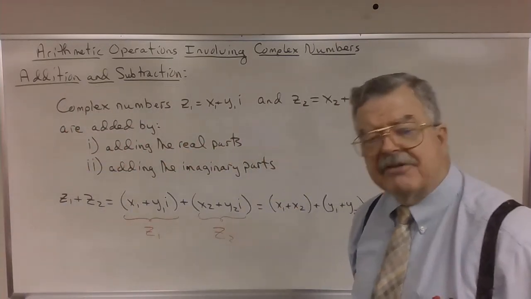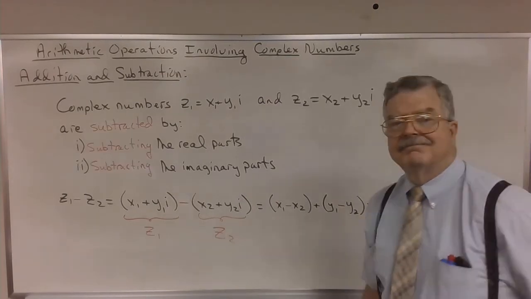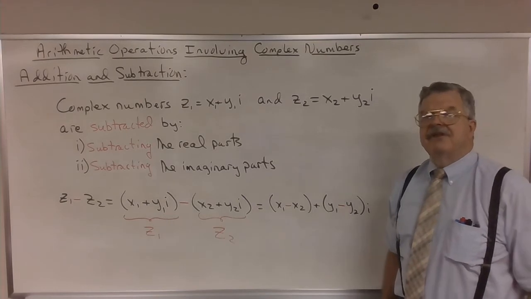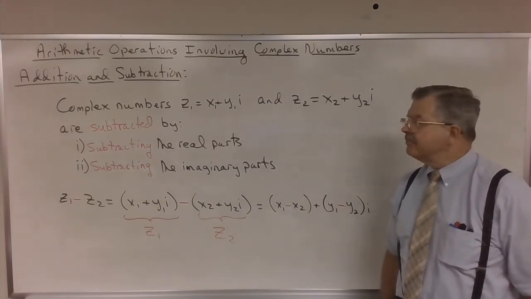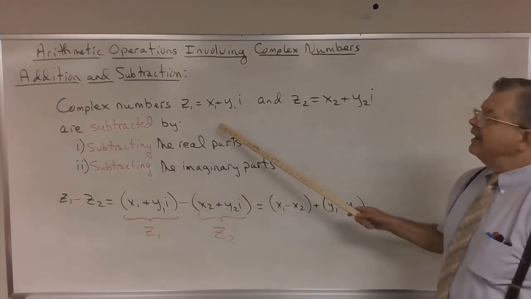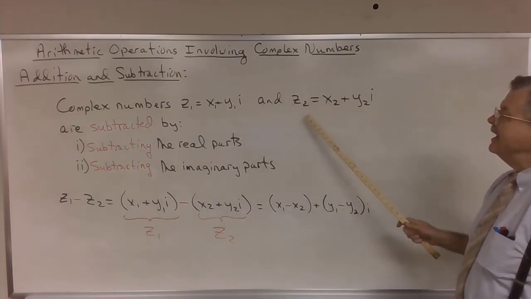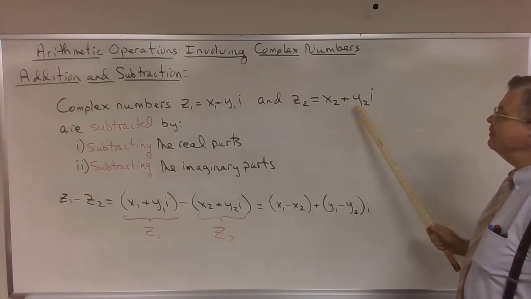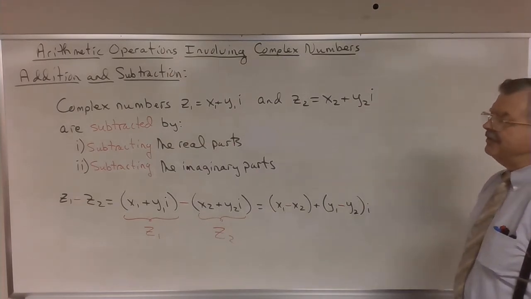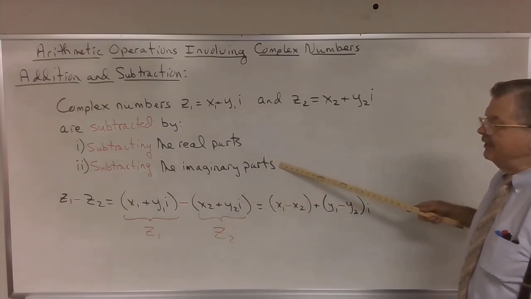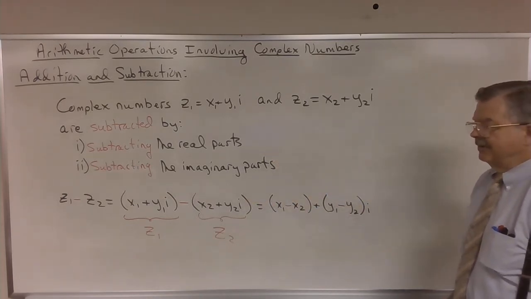Now, subtraction is done analogously. Complex numbers z1 equals x1 plus y1i, and z2 equals x2 plus y2i are subtracted. First, we subtract the real parts, and then we subtract the imaginary parts.